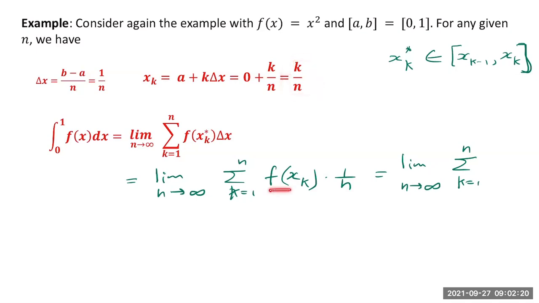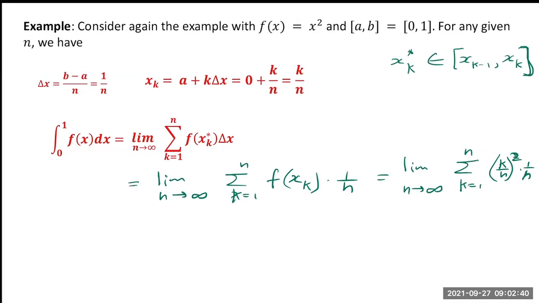To find f of xk, you plug xk into your function. Then you get k over n squared, because your xk is k over n. You get k over n squared times 1 over n. That's what you have.